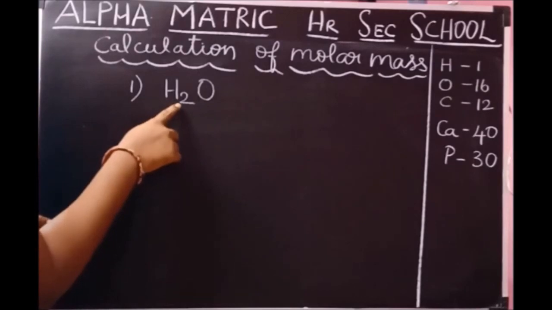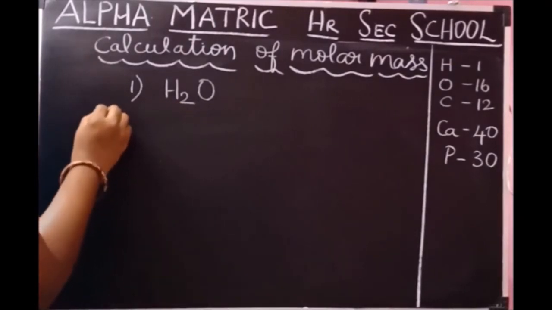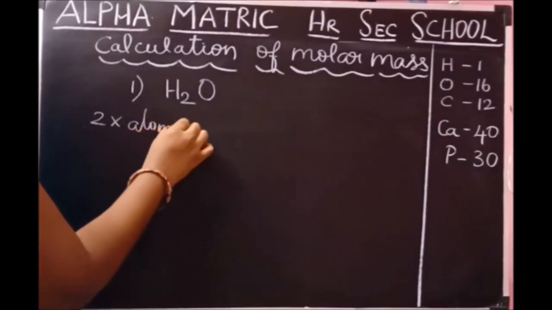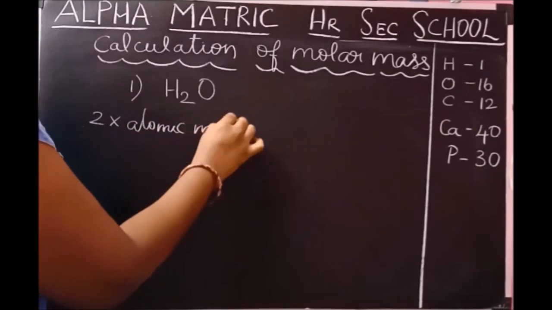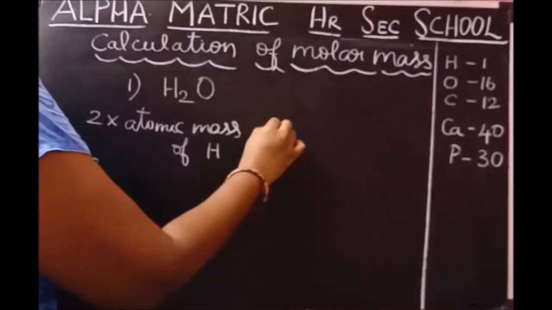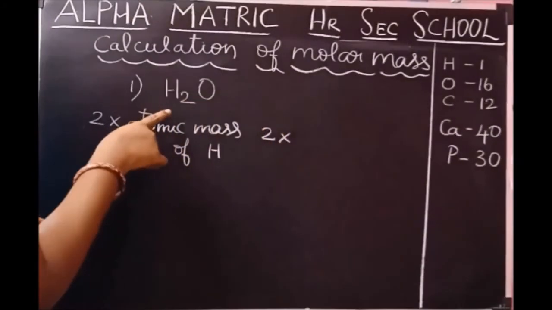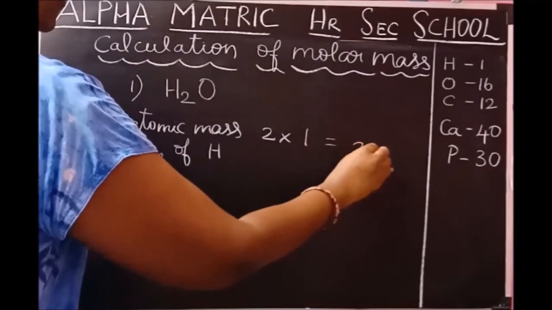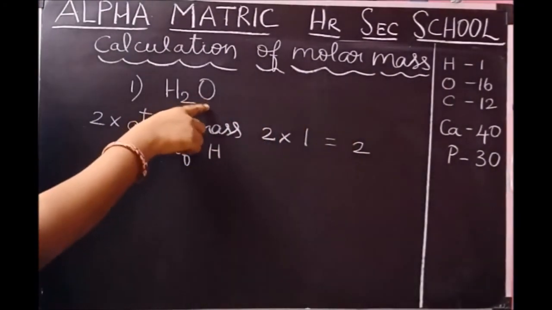So here, how many hydrogen? There are 2 hydrogen. So 2 into the atomic mass of hydrogen. For 1 hydrogen, atomic mass is 1. 2 into 1, 2. Here 1 oxygen.